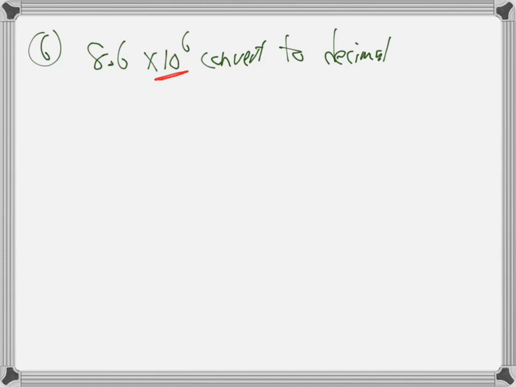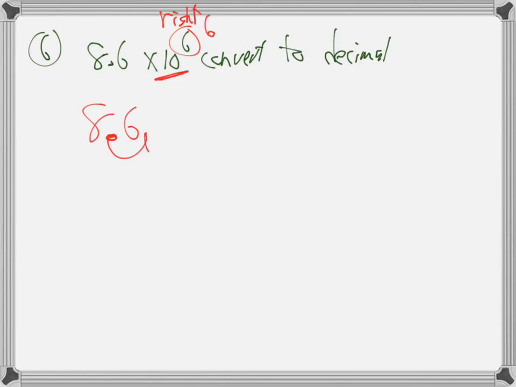So, what do you do with 8.6? You take the 8.6, and this means you go right 6 places. If that was a negative 6 power, I would go left 6 places. So take the decimal, first jump, and you're to the edge. All the rest of the jumps, what are they going to do? Going to add zeros.